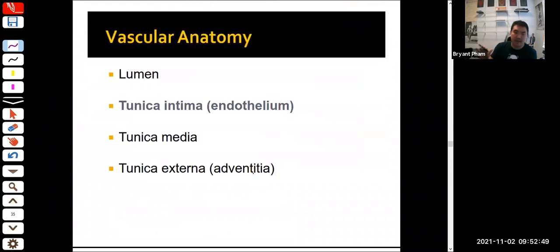So the three layers that are shared between both your veins and your arteries. Lumen, this is that inner space. Tunica intima. Tunica is kind of like your tunic, your clothes. Tunica intima, your intimates. Where do you wear your intimates? Hopefully your answer is on the inside.